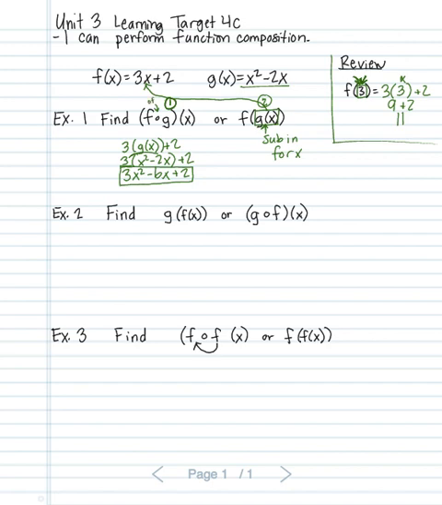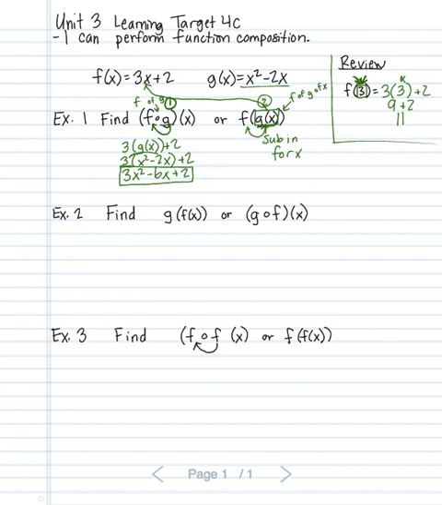So you would say f of g of x, just like over here, you would say f of g of x. So they're written two different ways, but it means the exact same thing. All you're doing is taking whatever the second thing is and filling it in for the first thing. So we took g and we filled it in for f.